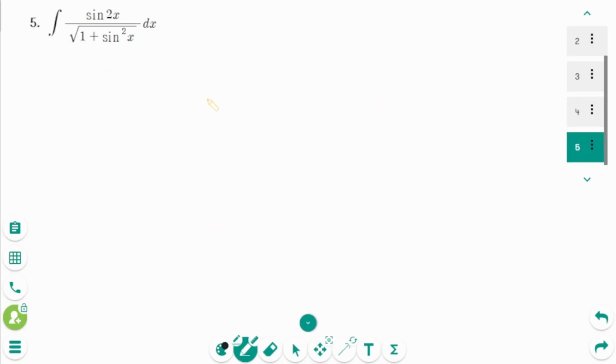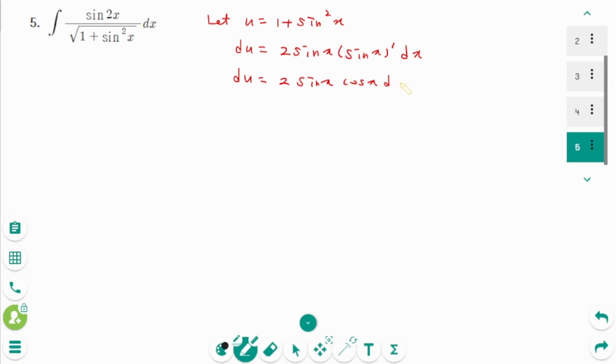This is the last one. Let u equals 1 plus sine squared x, then du equals, use the chain rule, 2 sine x times sine x prime dx, then du equals 2 sine x times cosine x dx.